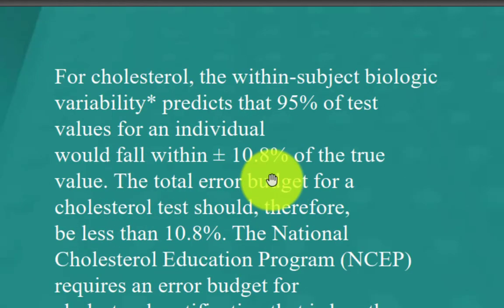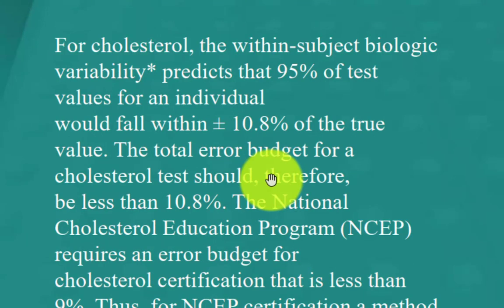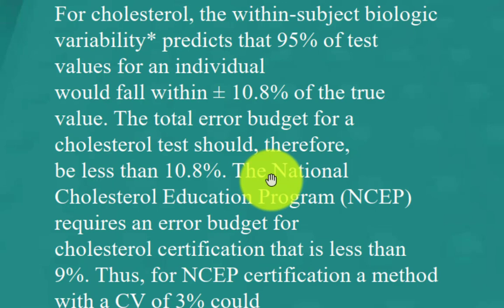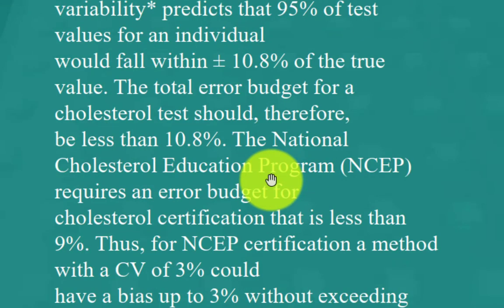For cholesterol, the within-subject biological variability predicts that 90% of the test values for an individual would fall within plus or minus 10.8% of the true value. The total error budget for a cholesterol test should therefore be less than 10.8%.